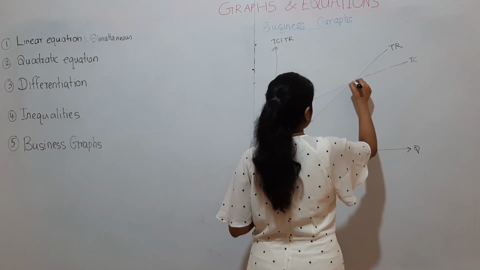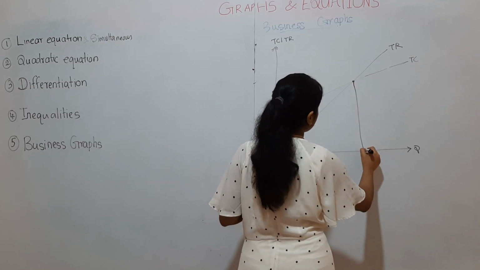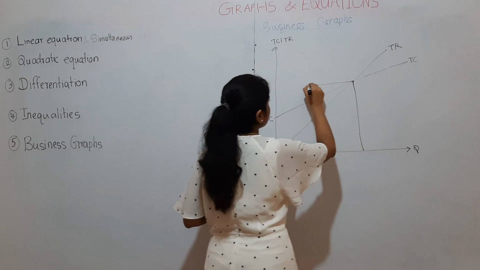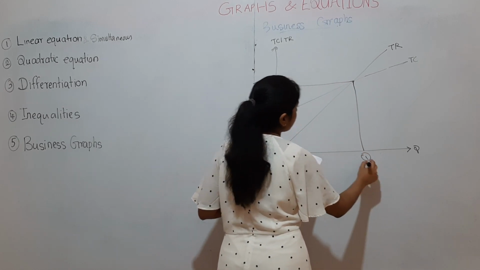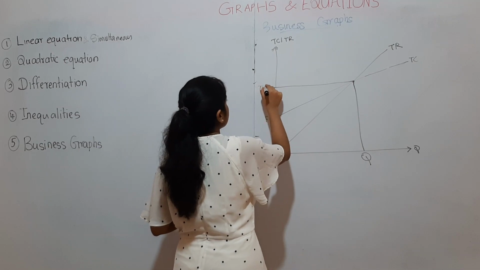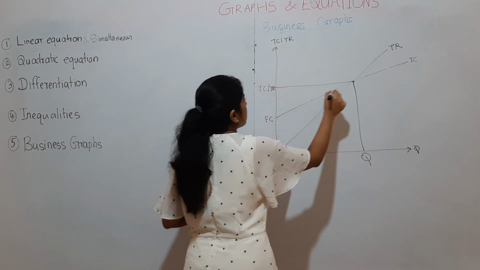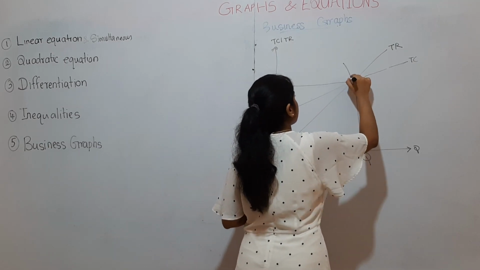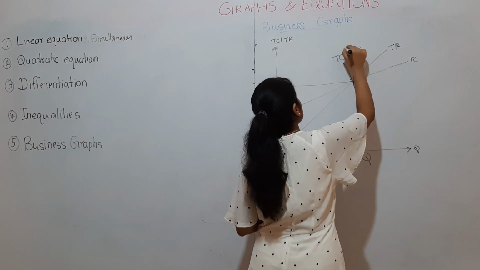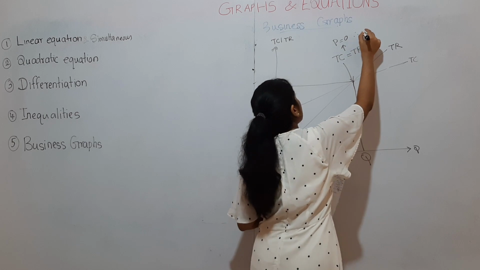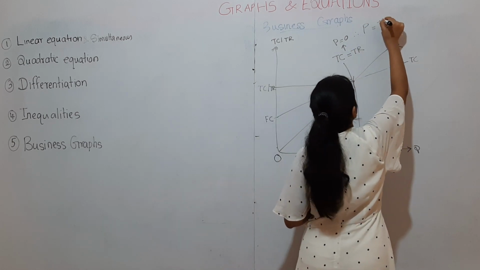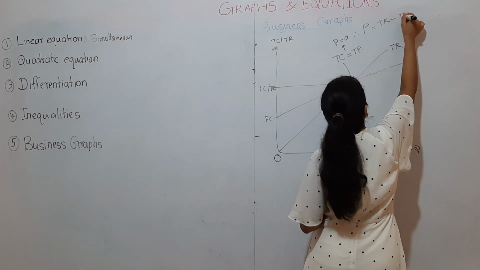Now you see this point where the total cost meets the total revenue line. At this quantity only, total cost is equal to total revenue, so profit is equal to 0. Why is that? Because profit equals total revenue minus total cost.